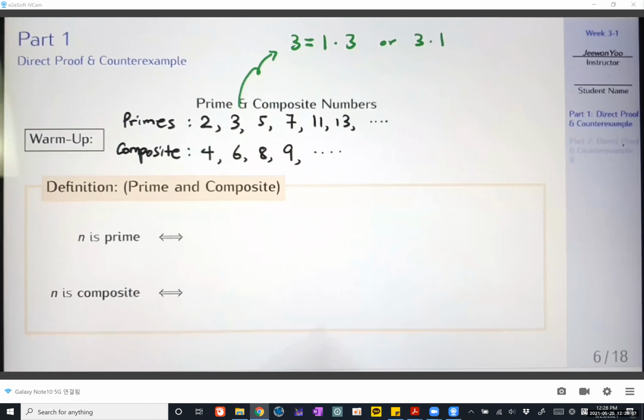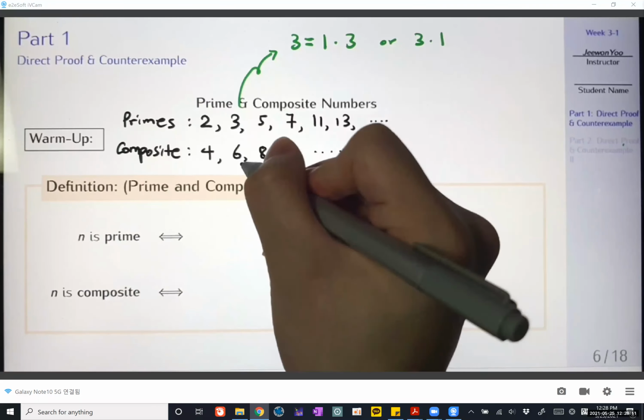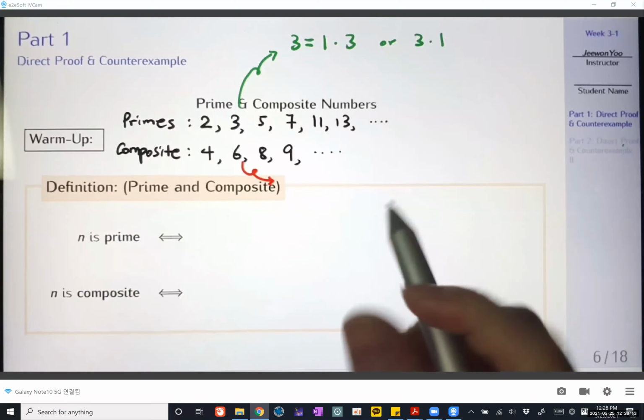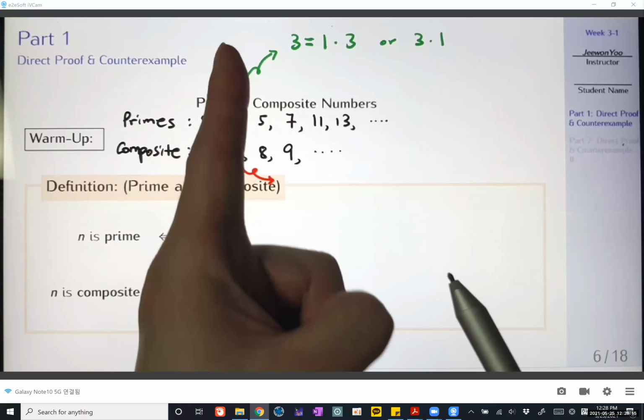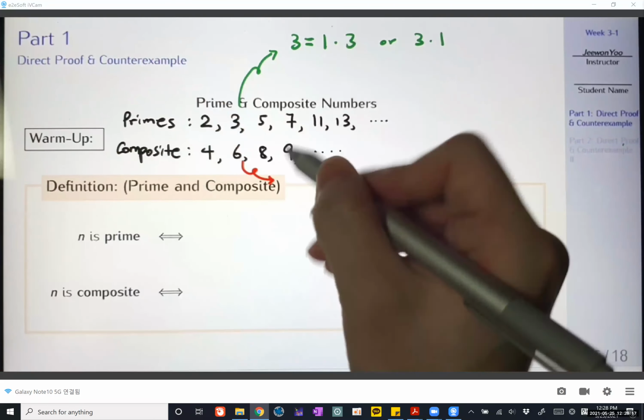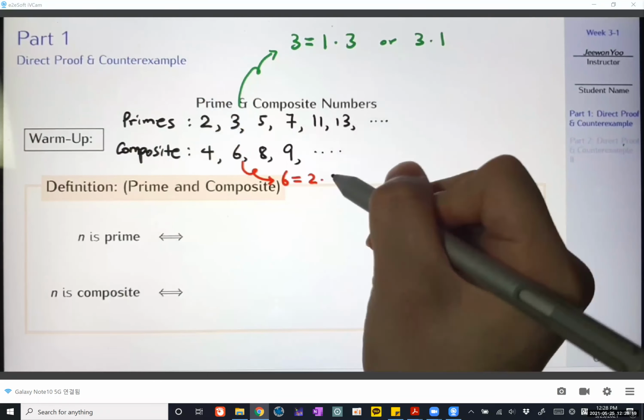And what do I mean by composite number? A composite number has at least one pair of factors. Like 6 can be written as 2 times 3.